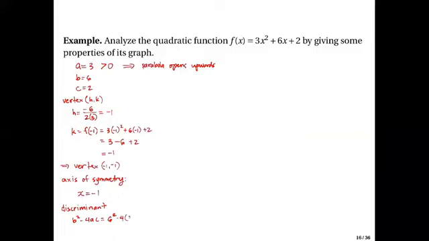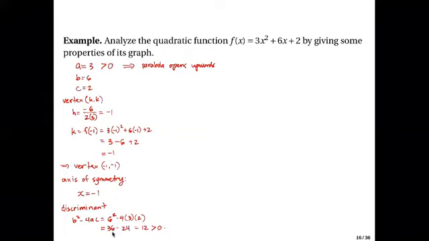That's positive 3. c is positive 2. So 6 squared, that's 36, minus 4 times 3, that's 12, times 2, that's 24. This is equal to 12, greater than 0. Okay?